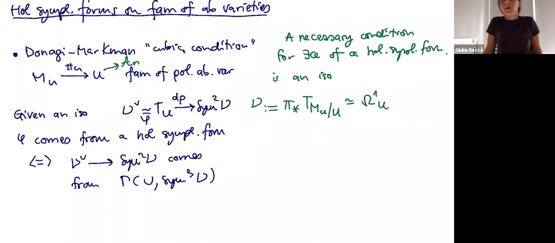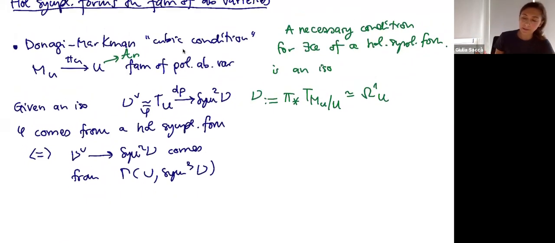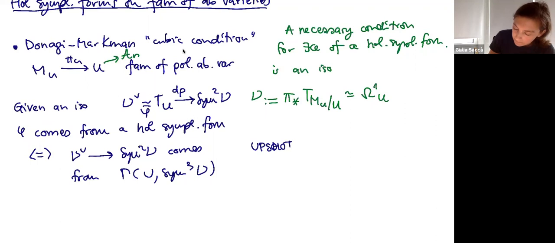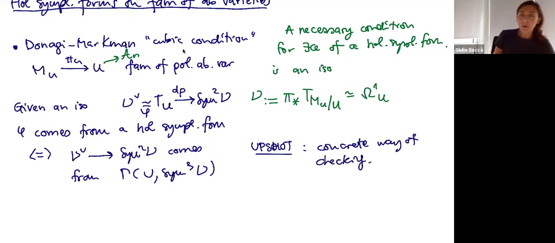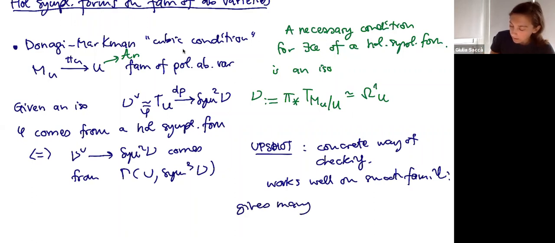Anyways, I'm not going to use this very much, so maybe I should not have spent that much time, but the upshot is that this is a very concrete way of checking, and it works well on the smooth locus, on smooth families. I was assuming that this is a family of abelian varieties, so the morphism is smooth. And it gives many geometric examples.